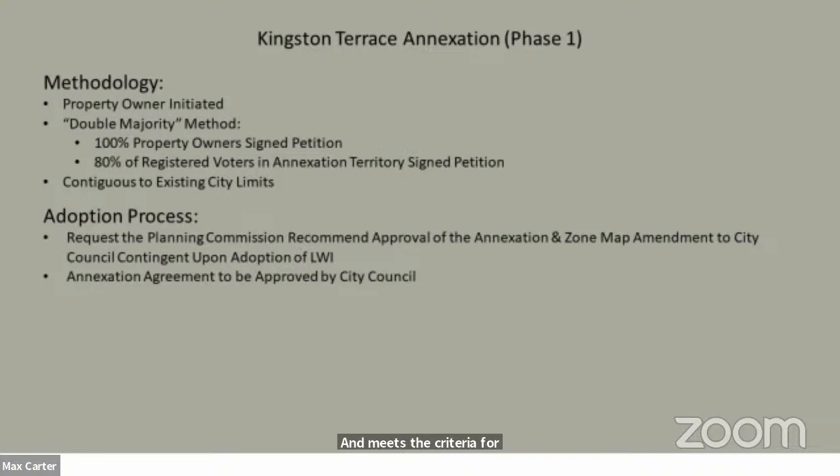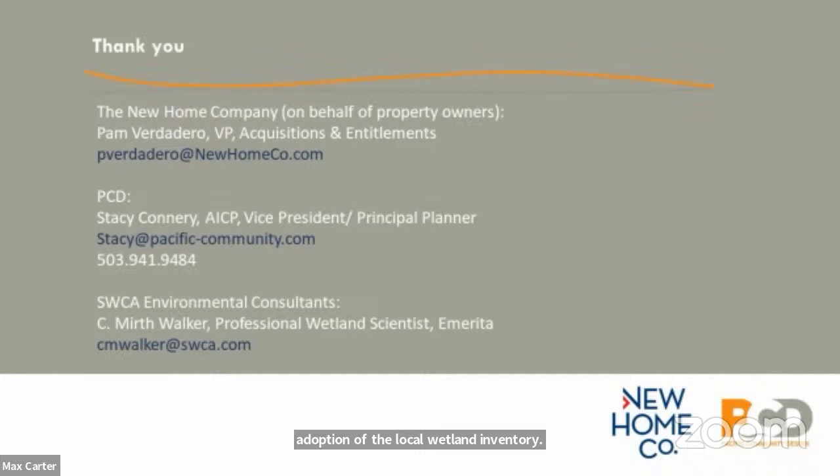And so we are requesting approval of the annexation and zone map amendment to City Council contingent upon adoption of the local wetland inventory and locally significant wetland maps. Happy to answer any questions. Thank you.